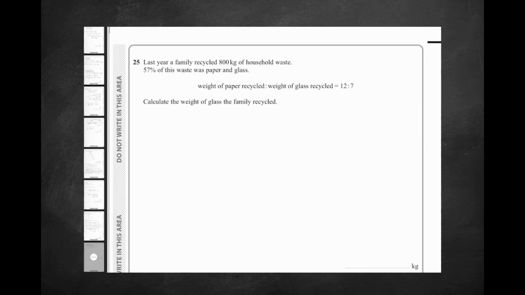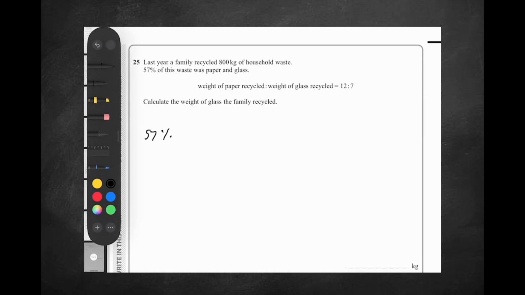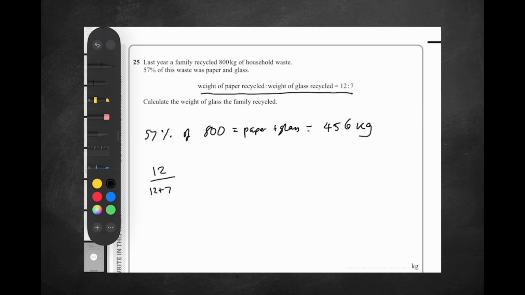So, 57% of 800 is paper and glass, and that is going to be 0.57 times 800, which I'm doing on my calculator, 456 kilograms.